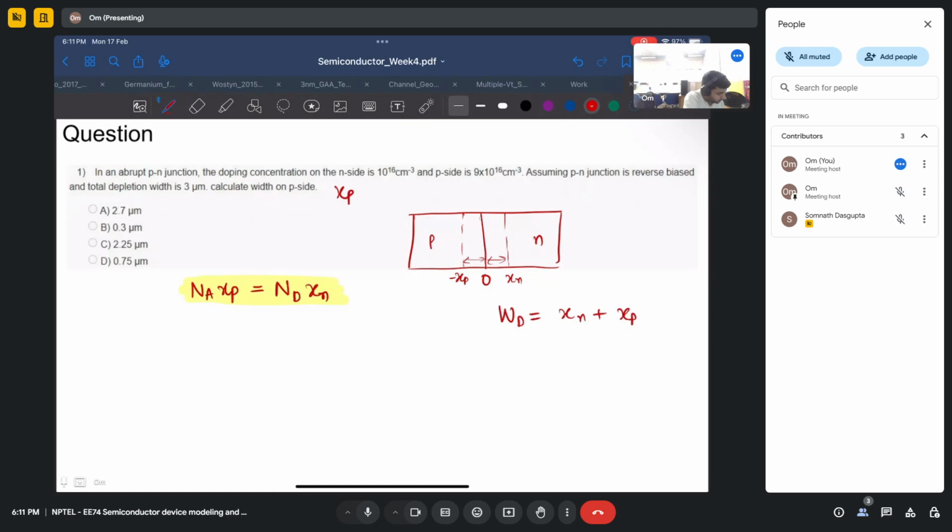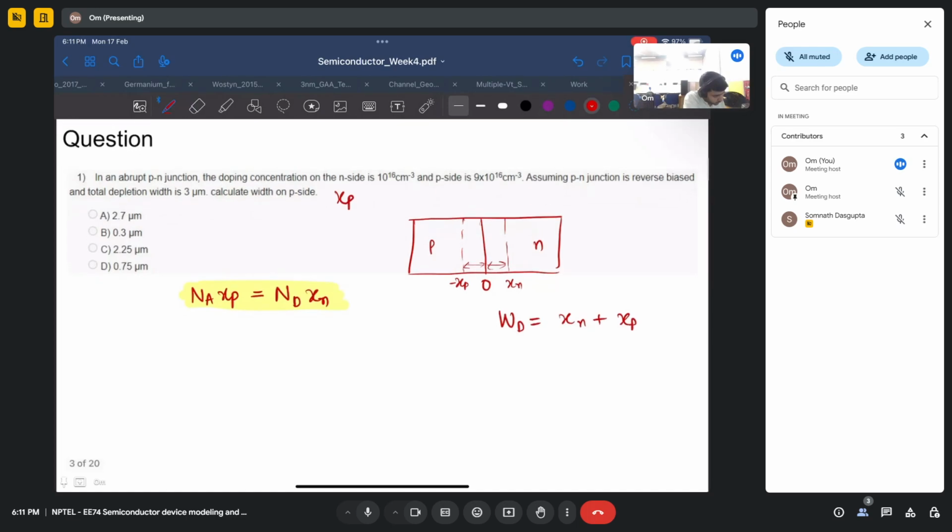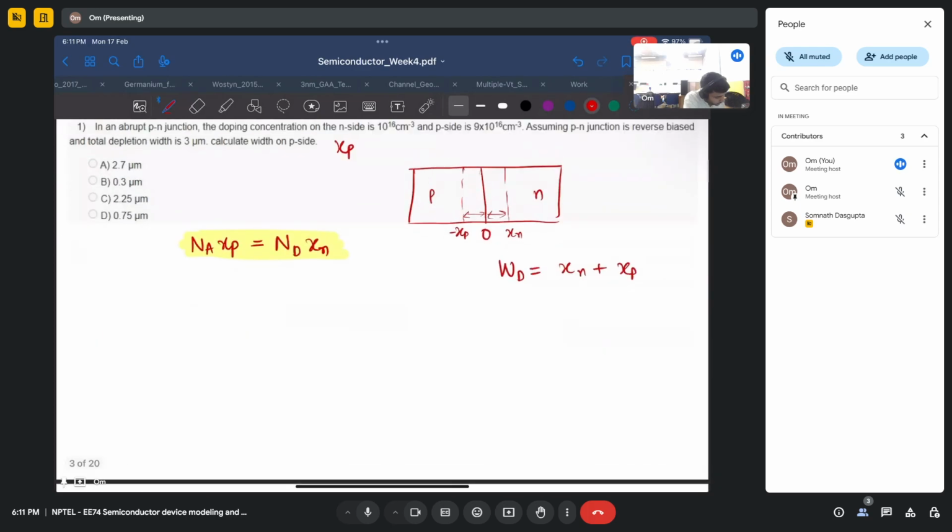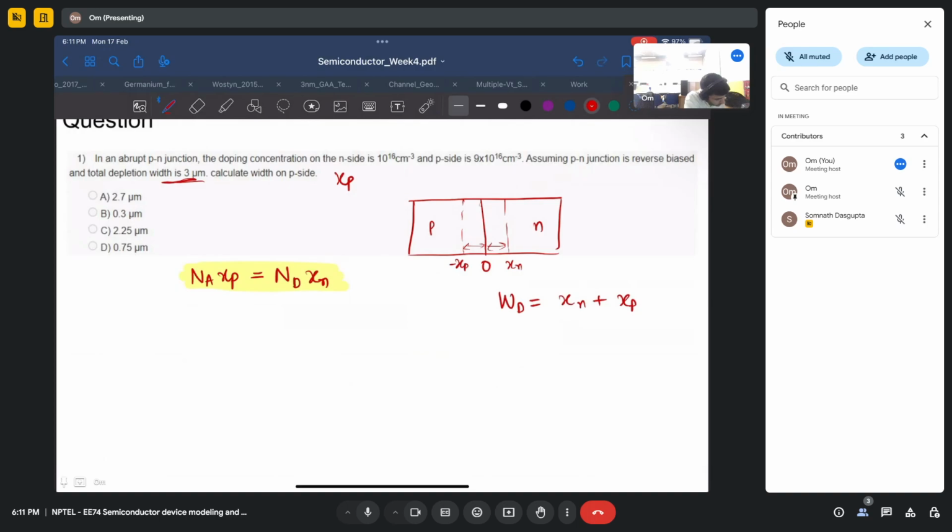Okay. So we know here this WD is 3 micrometer. It is given here. 3 micrometer is Xn plus Xp. So if we replace this Xn in terms of Xp, we can find what Xp is. So let's try to find out from here. Xn is Na Xp upon Nd. We put the values of Na and Nd. Na is 9 into 10 to the power 16.